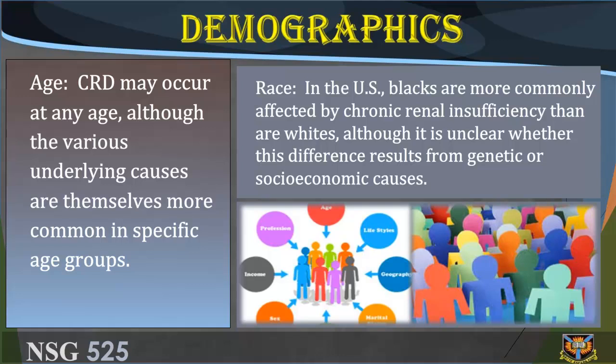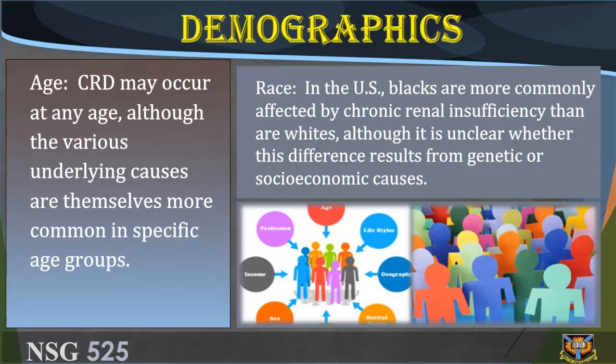Demographics. Age. Chronic renal disease may occur at any age, although the various underlying causes are themselves more common in specific age groups. Race. In the US, blacks are more commonly affected by chronic renal insufficiency than whites, although it is unclear whether this difference results from genetic or socioeconomic causes.